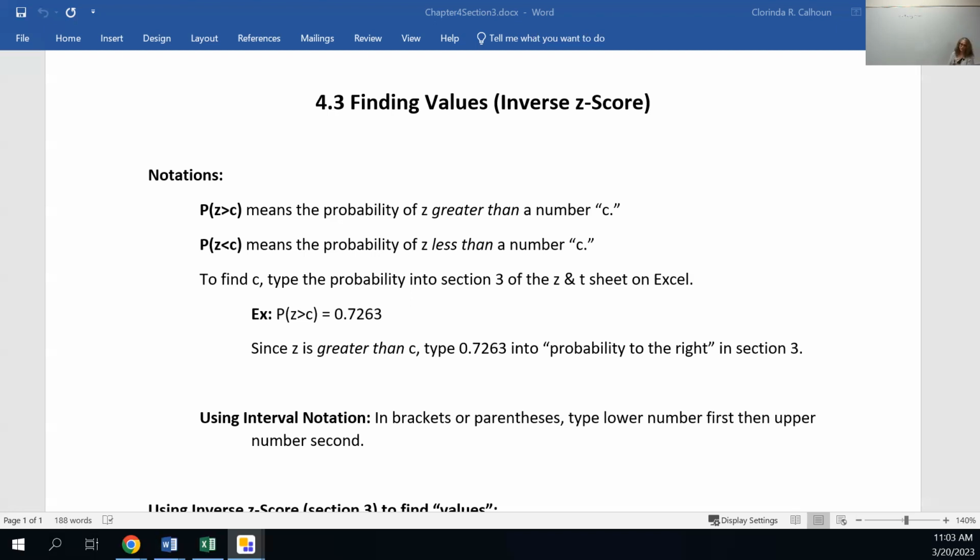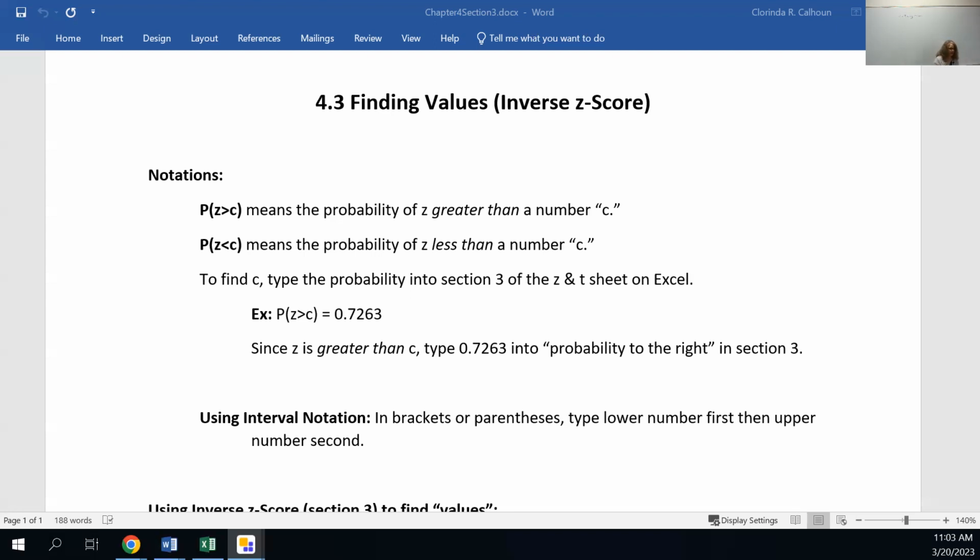So I have instructions on here because it is kind of confusing, what in the world does this mean. If you're trying to find c in that notation, and it's going to have an equals something. So you can see the example down underneath. P of z is greater than c equals, and then I have 0.7263.